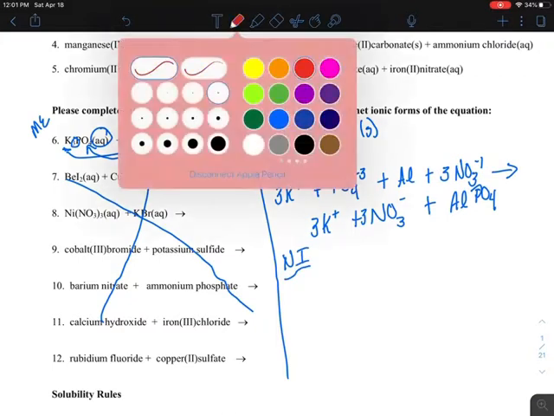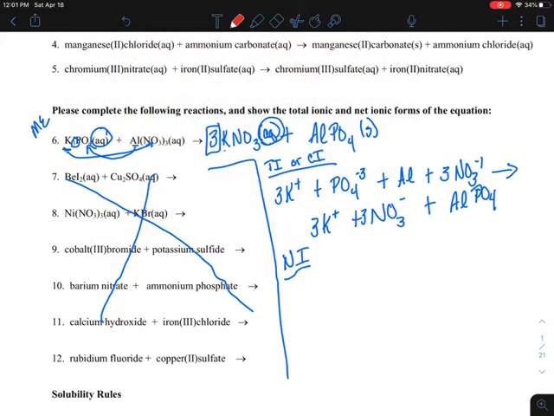Now to write our net ionic equation, we look at what is in common on both sides of the equation. We have 3 K+ on both sides, so they're going to cancel out. We have 3 NO3- on both sides, so they're going to cancel out. They are what we call spectator ions.